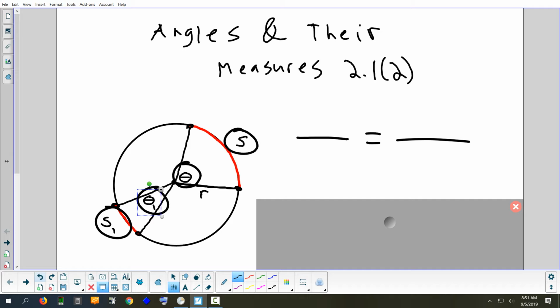So I'm going to do it like this. I'm going to start with arc over angle. Now, if I do arc over angle on the left, I have to do arc over angle on the right. What's the other arc that I labeled in that picture? I already used S. What's the other one? S1.